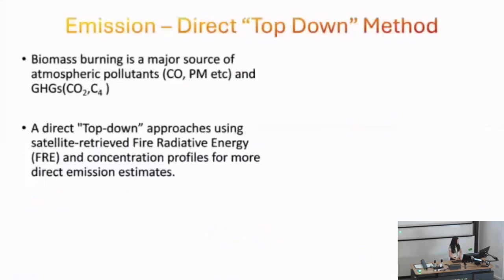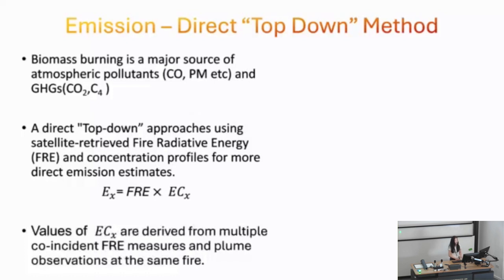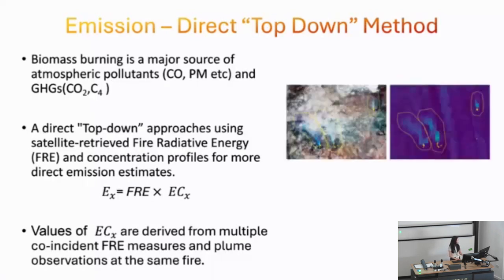Some background: biomass burning is a major source of atmospheric pollutants and greenhouse gases. We're using a direct top-down approach, using satellite-retrieved fire radiative energy and plume concentration profiles for more direct emission estimates. The values of emission coefficients are derived from multiple coincident environment and plume observations at the same fires.